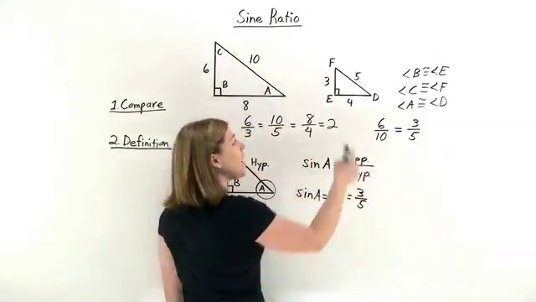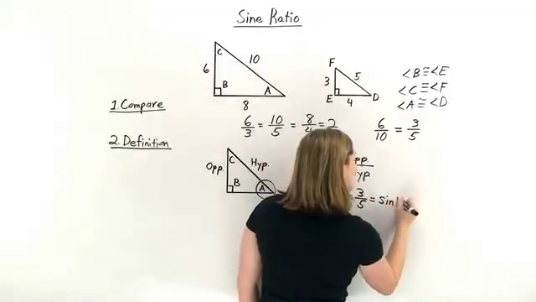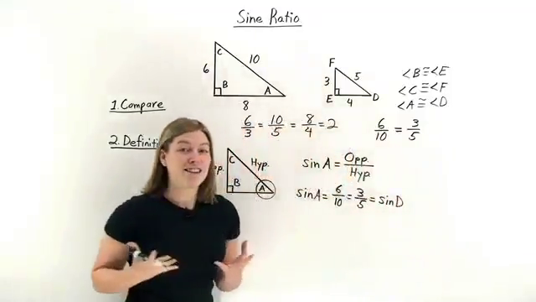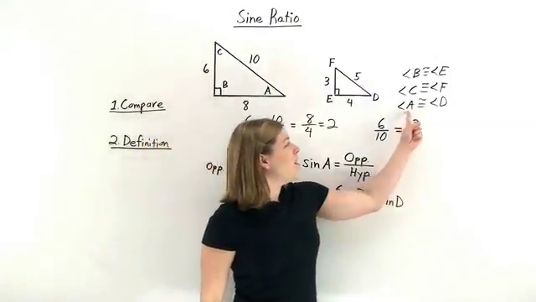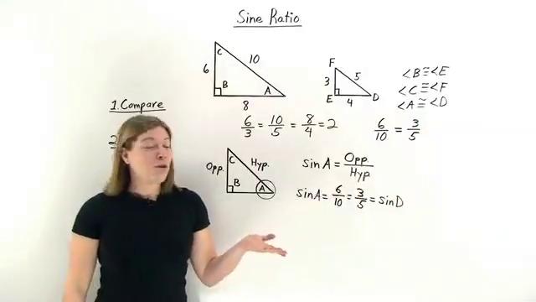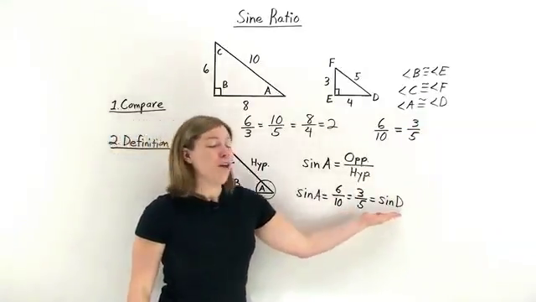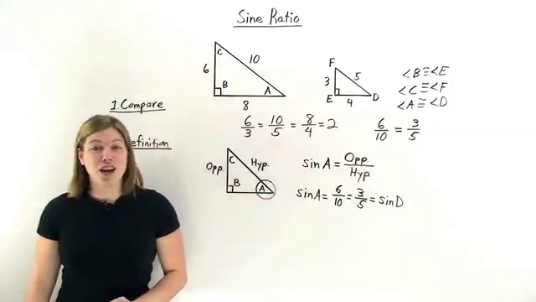And if we compare that to our second right triangle, we can see that that's the same as sine of angle D. And remember, angle A and angle D are congruent angles. They have the same measurement. So, between similar figures, those corresponding angles will always have that same ratio.